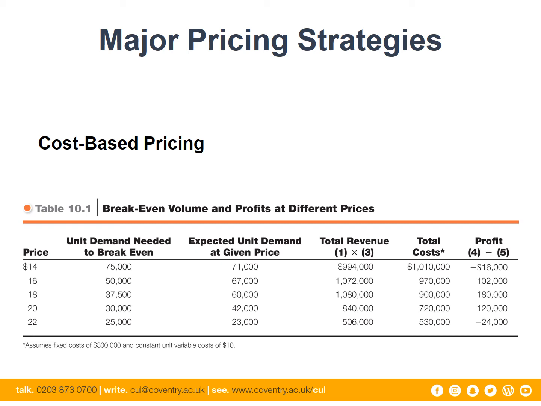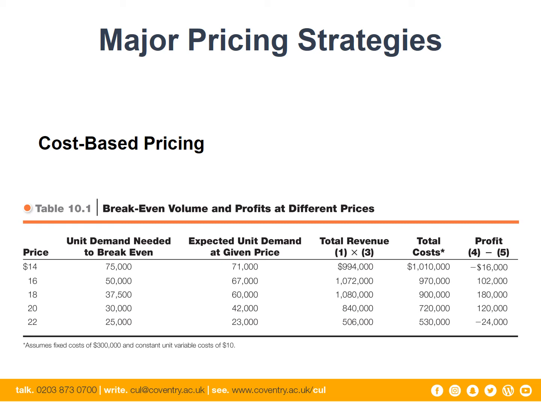Your total costs have lowered because the variable cost of $10 times 60,000 units is $600,000, plus the $300,000 fixed costs gives you $900,000. Then the expected demand times the selling price gives you $1,080,000, minus the $900,000 gives you $180,000 profit.